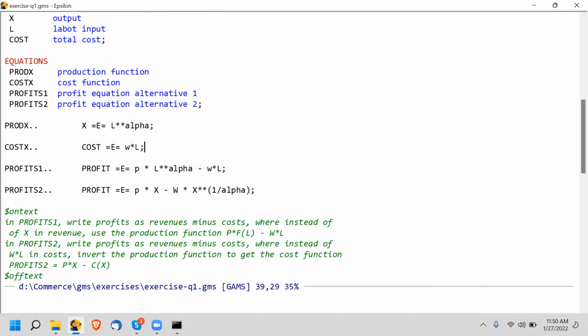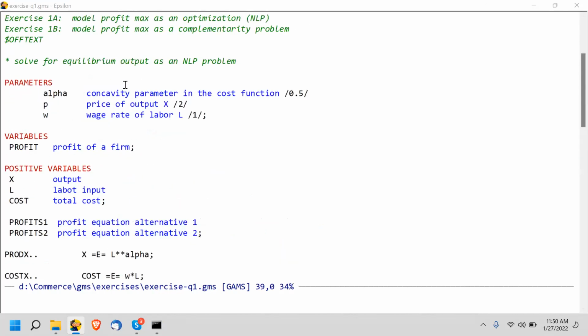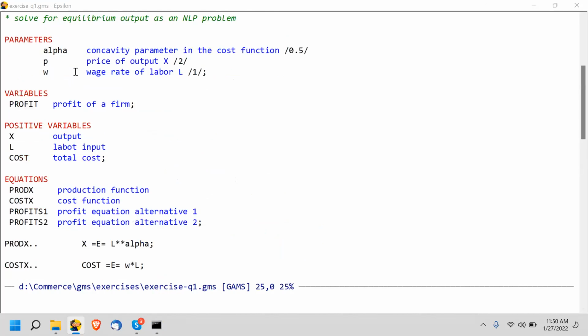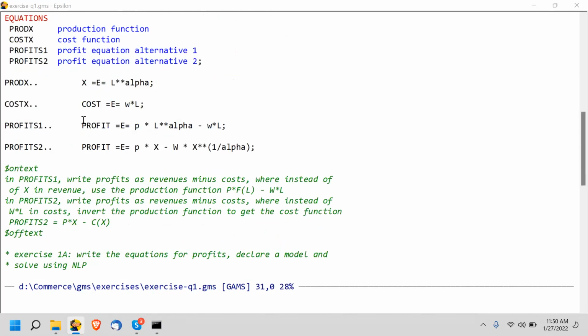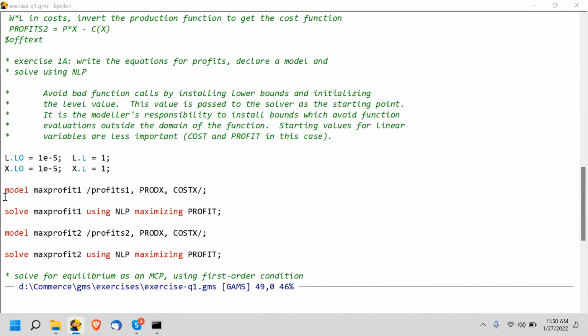If I go back, I could probably do this again just to say, we wrote down the optimization problem. This is inherently an optimization problem, so the NLP formulation is obvious. You can think about the problem as a problem in L or a problem in W. We could also go down here and say, let's do another model.